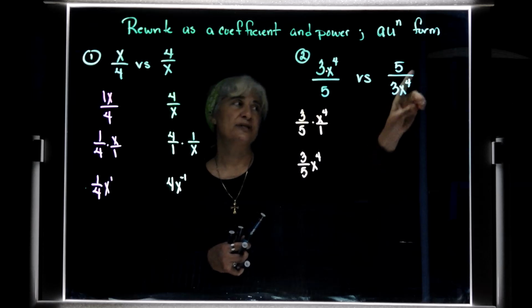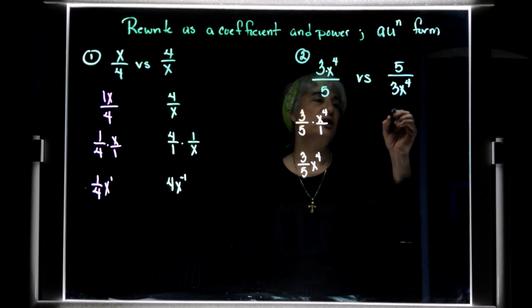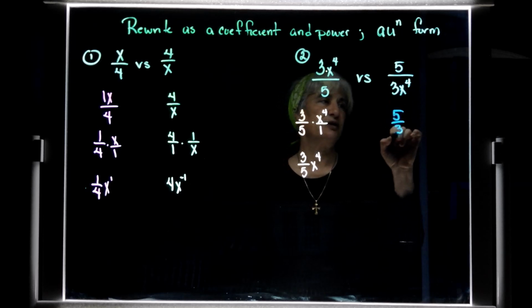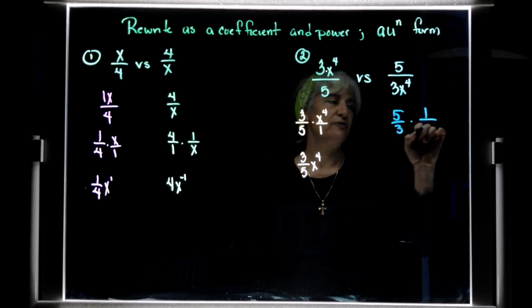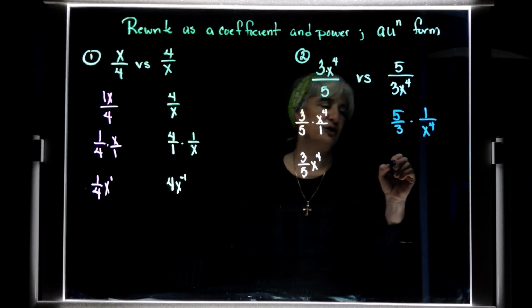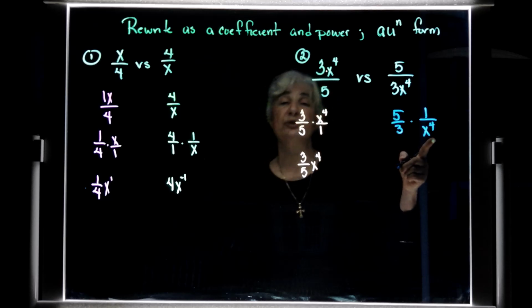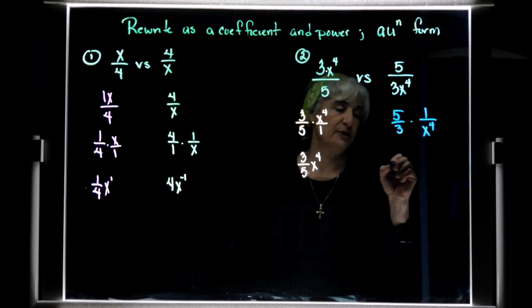This reciprocal, this is multiplication again down here, but couldn't I look at this as 5 over 3 times 1 over x to the 4th? And so we've seen how to rewrite x to the 4th so it's not in the denominator.